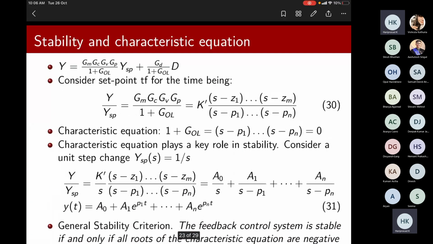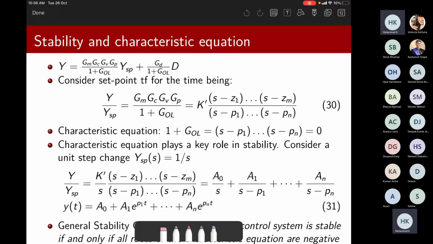So what I was trying to say is the following. Once you have your transfer function ready, that is what we were trying to model: output as a function of two things. One is the set point, which is the classic servo problem, and the other is the disturbance, which is the regulator problem.